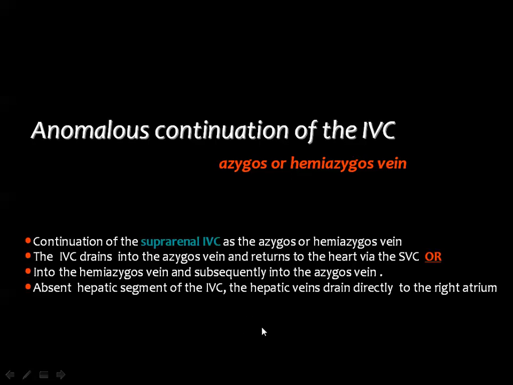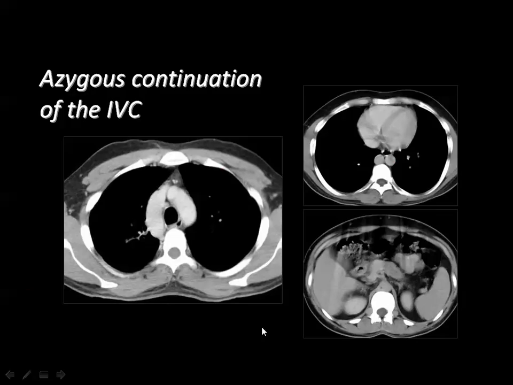If you look carefully here, you can see the aorta but you cannot see the IVC, and in the cephalic sections you see the aorta and the big vein which is adjacent to the aorta in the retrocrural area, and this is the azygos vein.